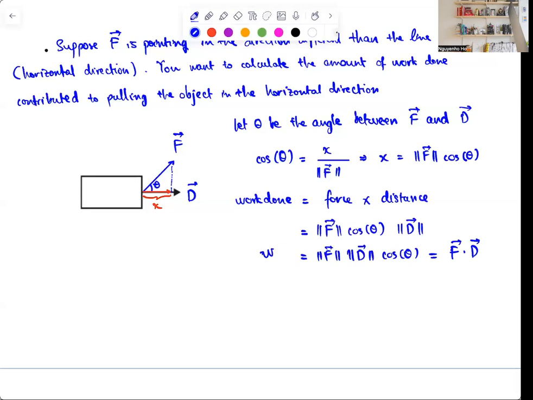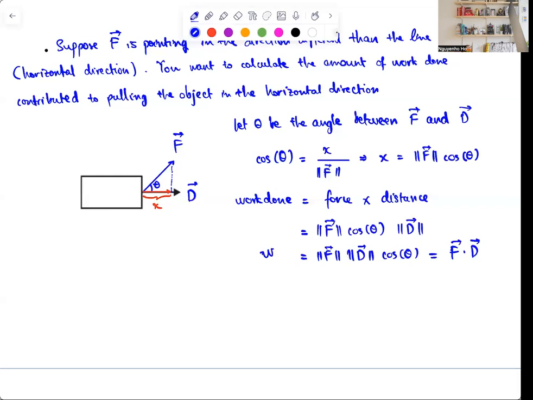And this is true for all the cases that we have so far, including the vertical force, the force going with the direction, and the force going against the direction. Okay, and we covered this kind of relationship last time, right? If F and D are perpendicular or orthogonal, then the dot product is equal to 0, so work done is 0.